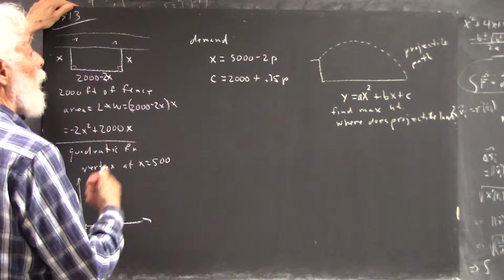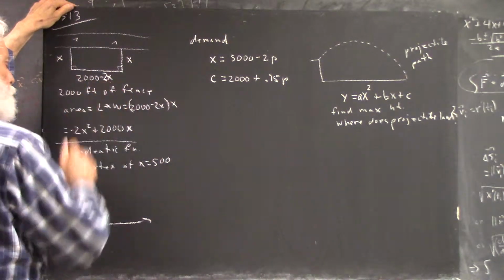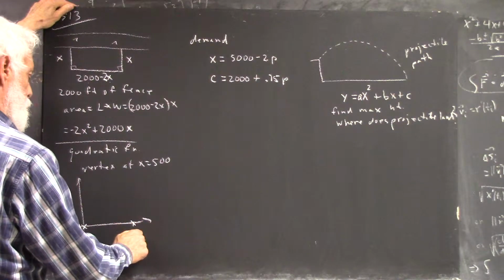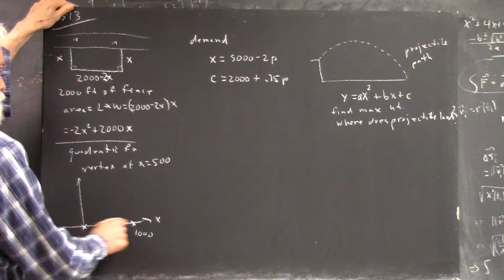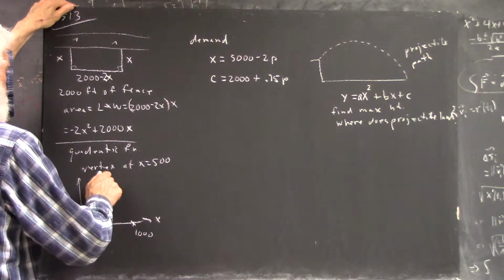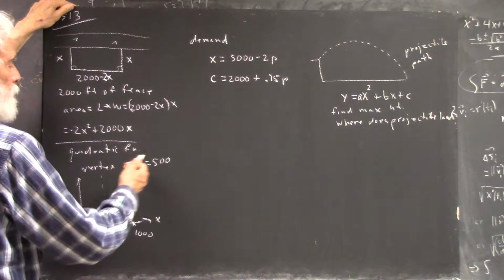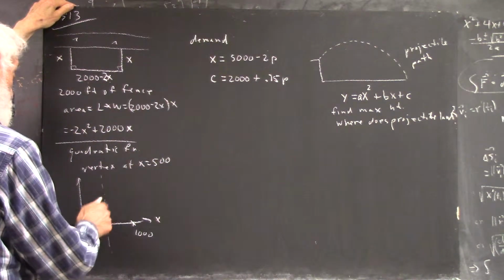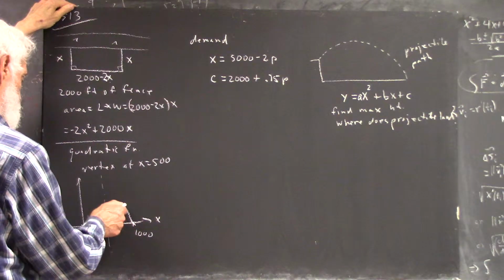If x equals 1,000, then 2,000 minus 2x is 0. So we have these 2 points on the graph, and since those are the zeros, of course, we know the vertex is halfway between, but we also know that from the quadratic formula in a way that I certainly hope you understand.